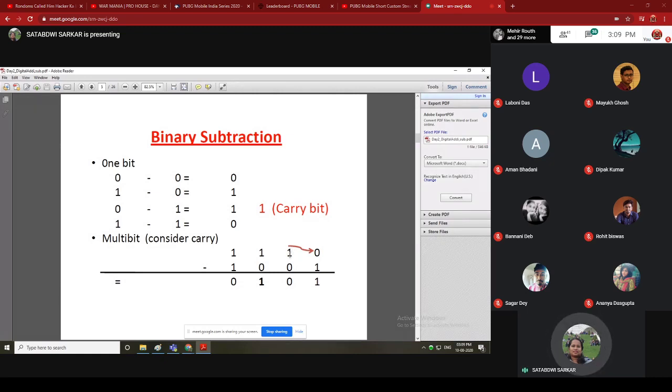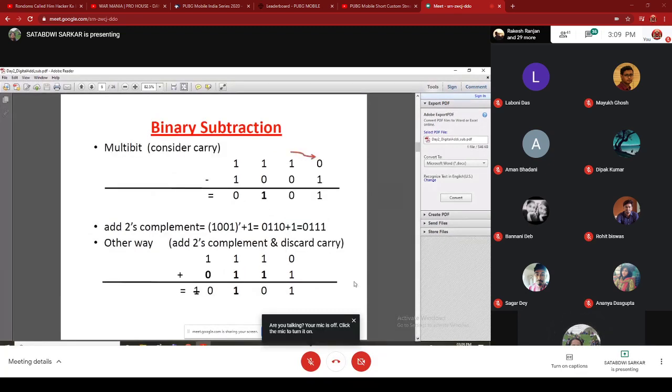Now here the value is 0, so 0 minus 0 is 0. Now 1 minus 0 is 1, and 1 minus 1 is 0.